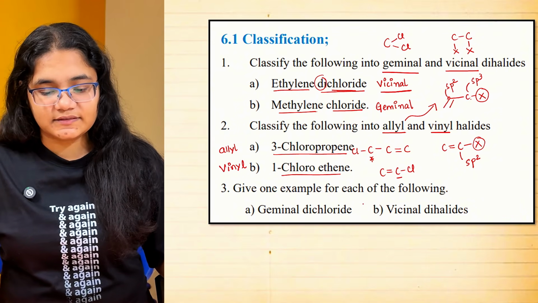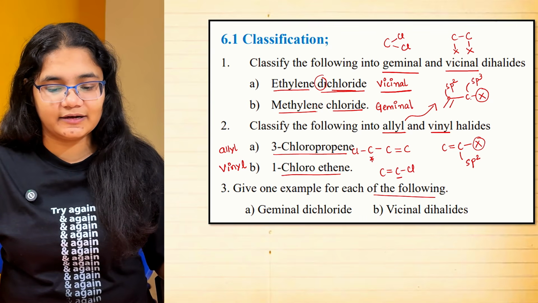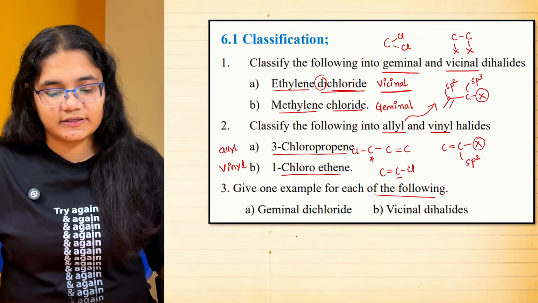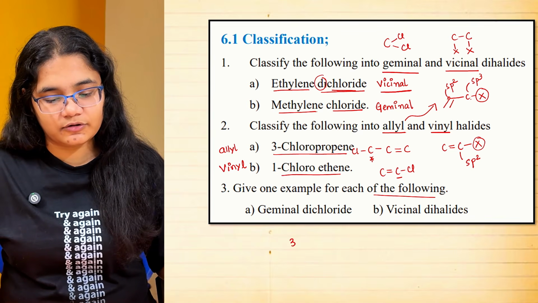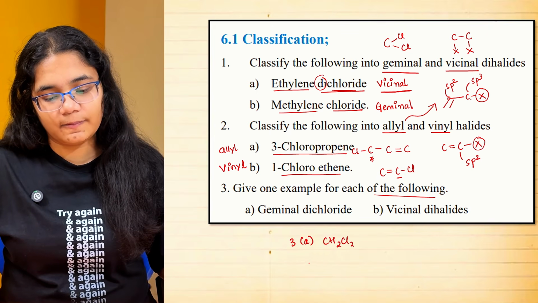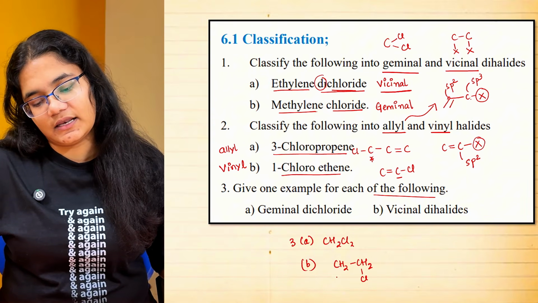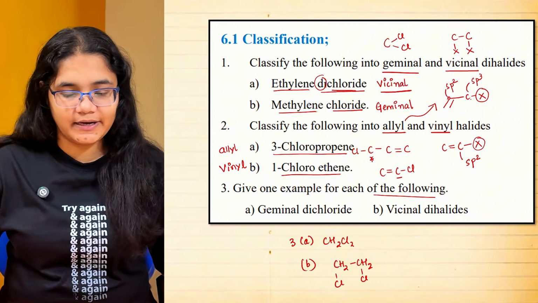Next, give one example for each of the following: geminal dichloride and vicinal dihalide. You can write any example. For example, for A geminal I can write CH2Cl2, and for B I can write CH2Cl-CH2Cl.